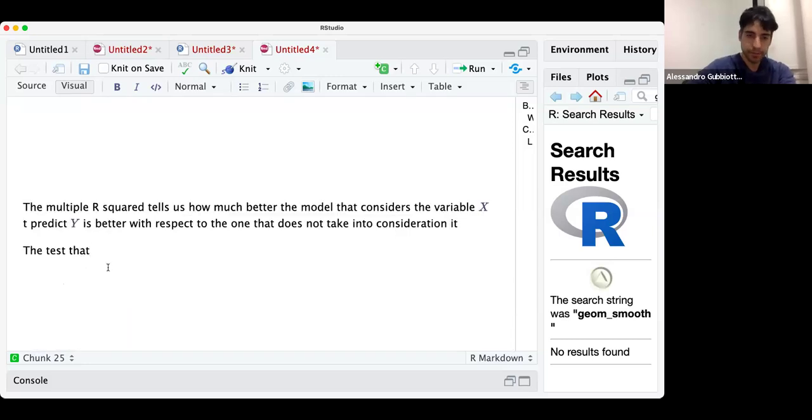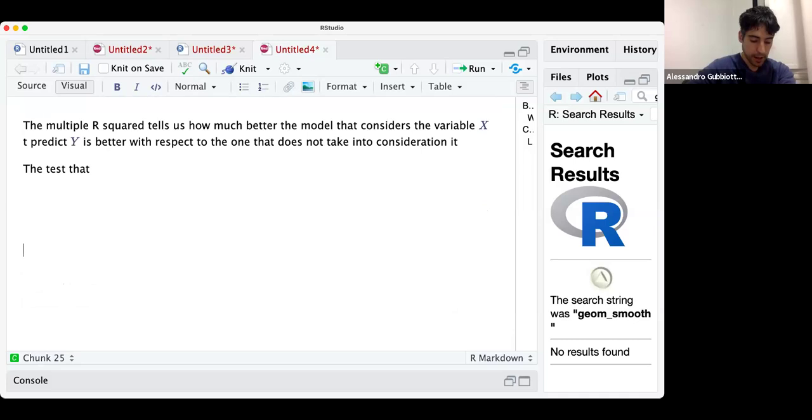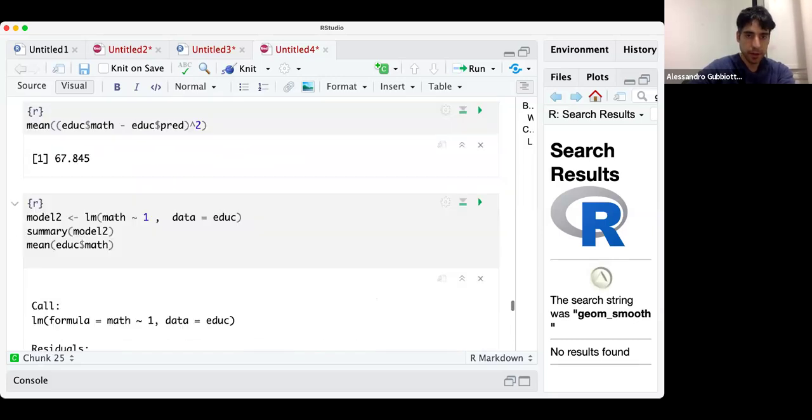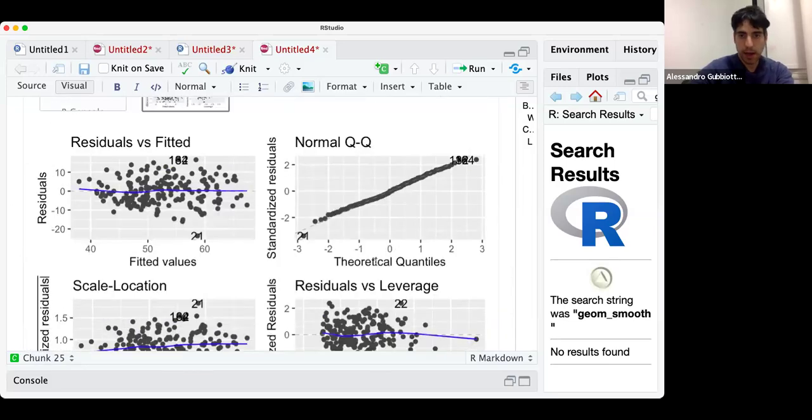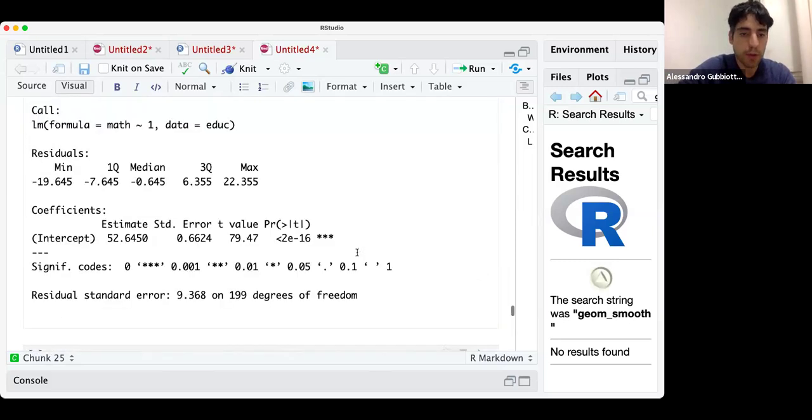The quantile versus quantile plot is a way to compare distributions. The theoretical quantiles are the quantiles of a normal distribution. So what is a quantile?